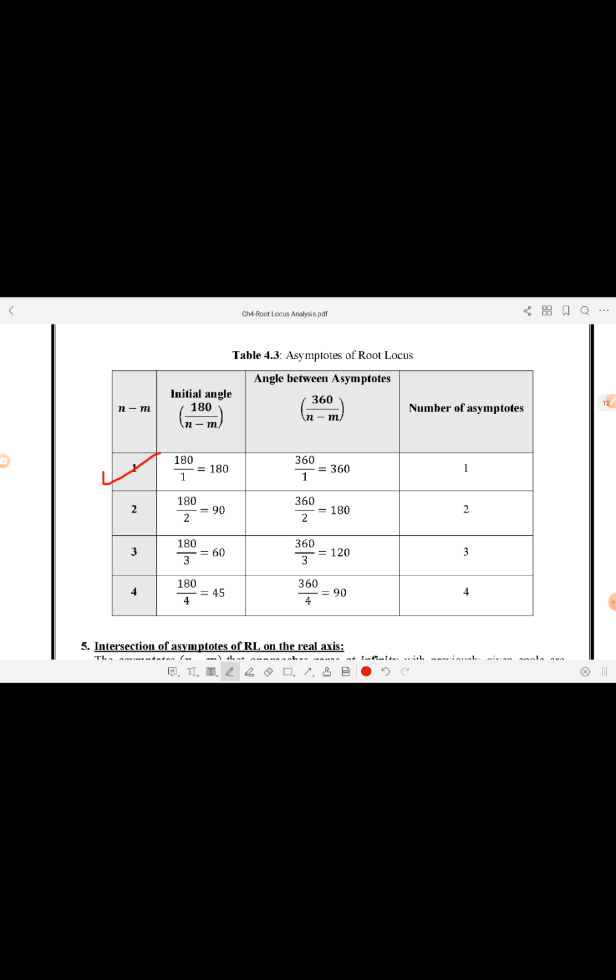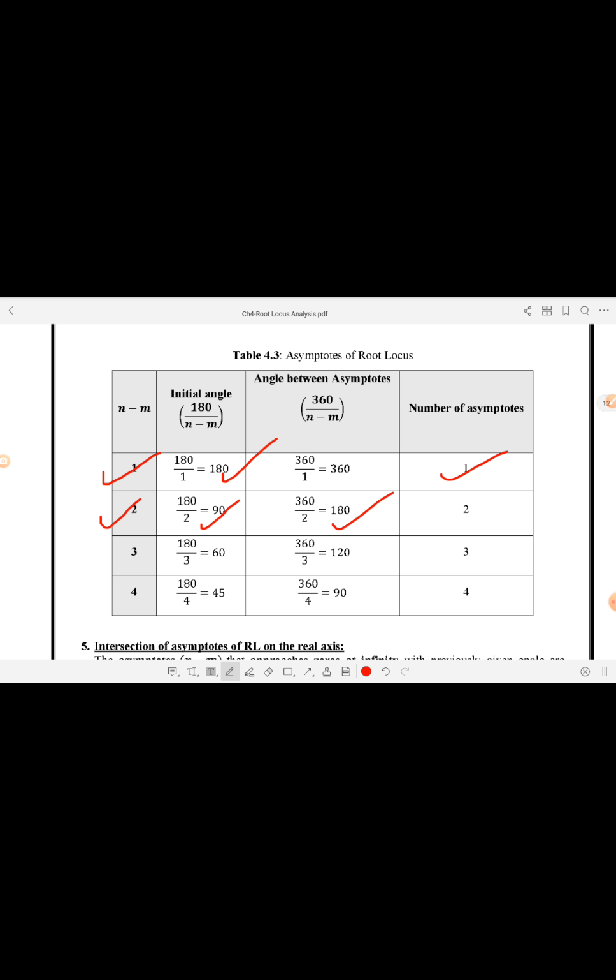We have covered that if the number of asymptotes is equal to 1 then there will be one asymptote and its angle will be 180, and if the number of asymptotes is 2 then there will be two asymptotes, one with angle 90 and the other one will be apart from this one by 180, which is equal to minus 90.